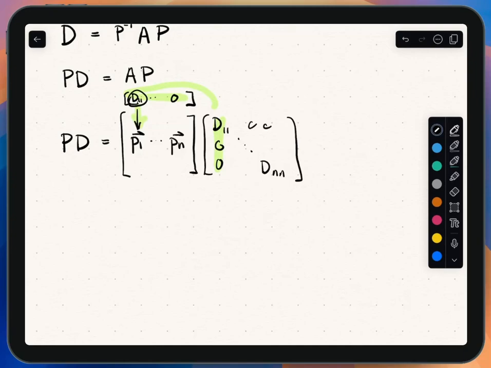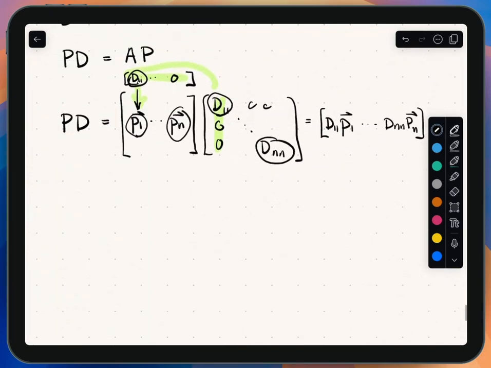We're going to multiply each component of the P1 vector by the first diagonal entry. So what this ends up looking like is D11 P1 all the way to D_nn Pn. We're taking the diagonal entry and the corresponding P vector.